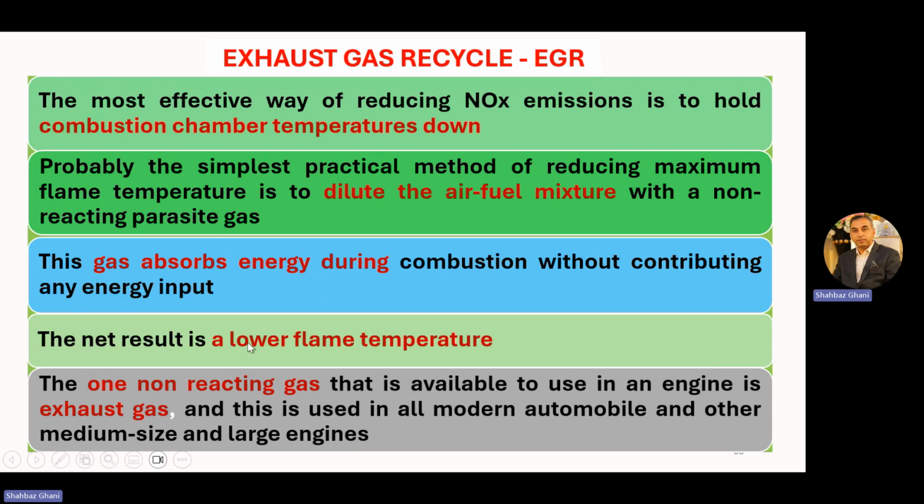The net result is a lower flame temperature. The one non-reacting gas that is available to use in an engine is the exhaust gas. And this is used in all modern automobiles and other medium and large size engines. So we use some portion of the exhaust gases in the intake manifold to reduce the flame temperature. When we reduce the flame temperature, we automatically reduce the NOx emission.